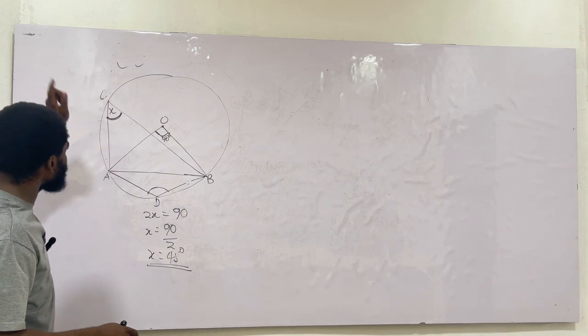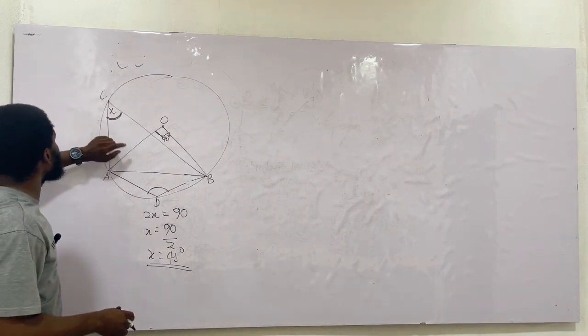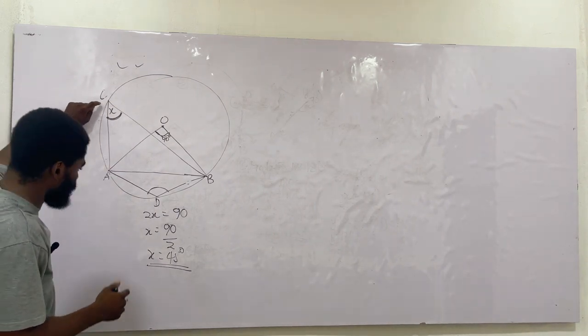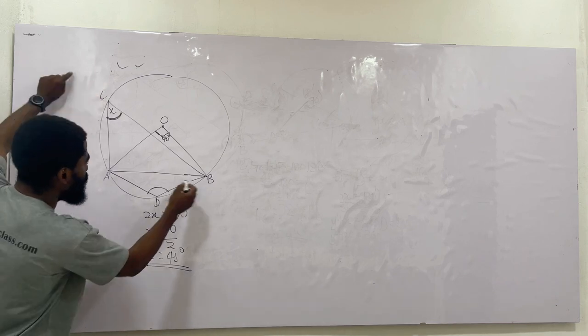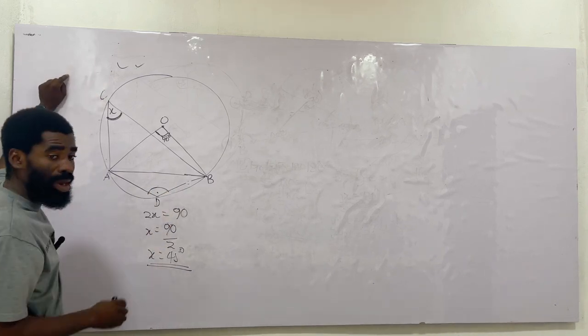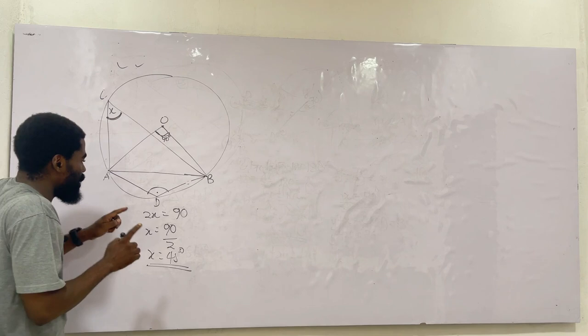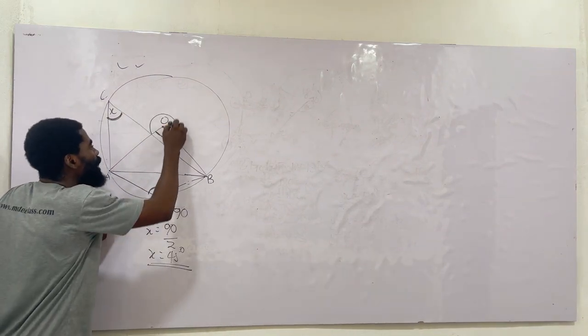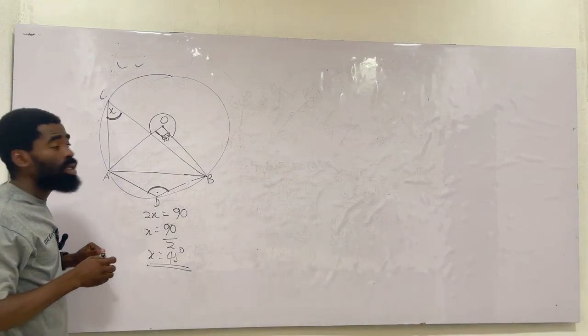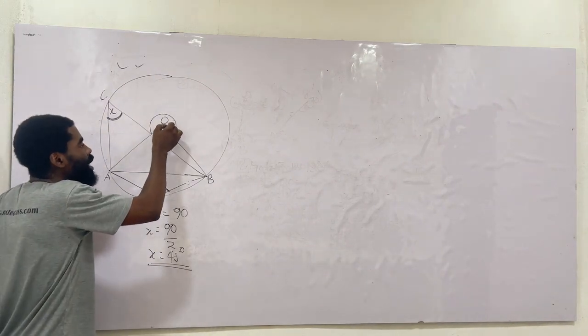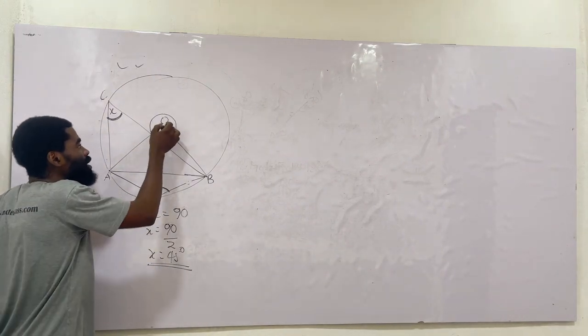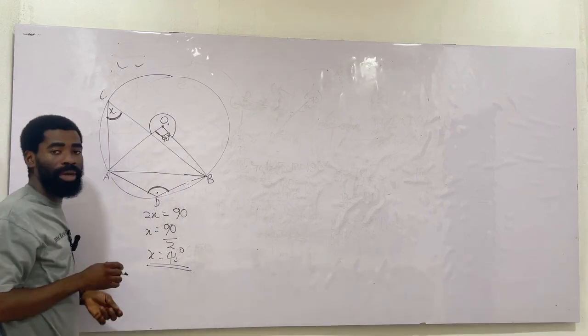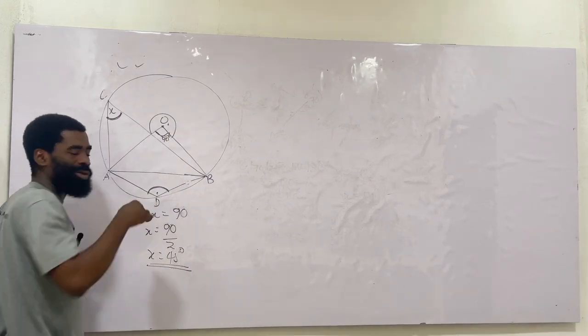Good. Then the next thing here is to have this angle here. But remember that I taught you in the principle that this angle will move with this angle. If we know the angle here, that means 2 times this should be equal to that. If we know the angle here, we can tell the angle because of the same chord.